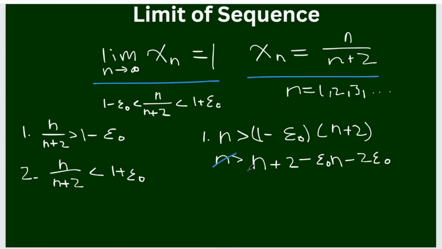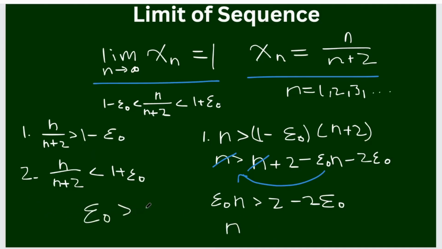Then you can cancel out the n's, and move epsilon 0 n onto the other side, so epsilon 0 n is greater than 2 minus 2 epsilon 0. We are able to divide here because epsilon 0 is always a positive number. So n is greater than 2 over epsilon 0 minus 2.